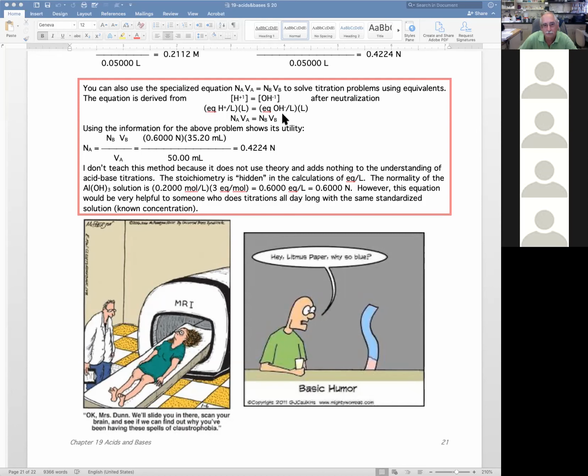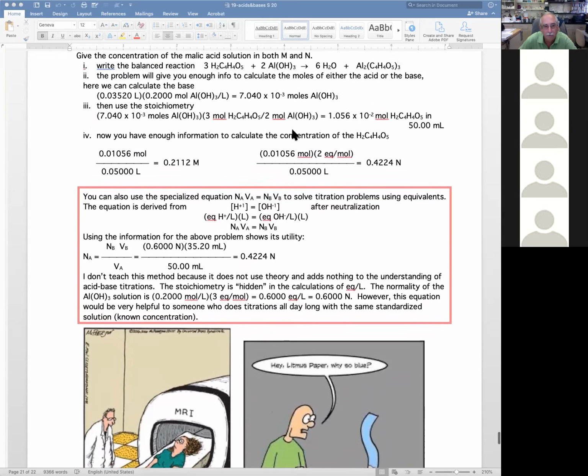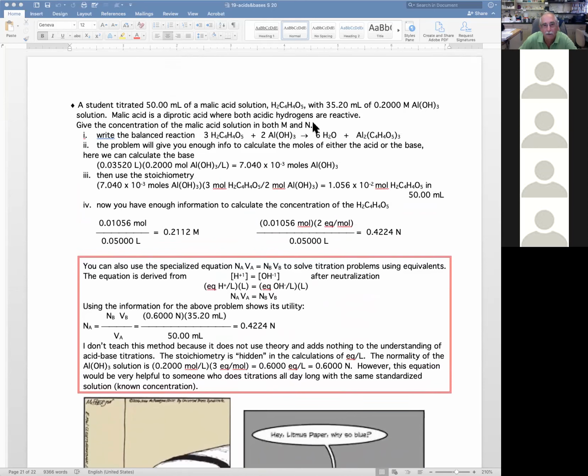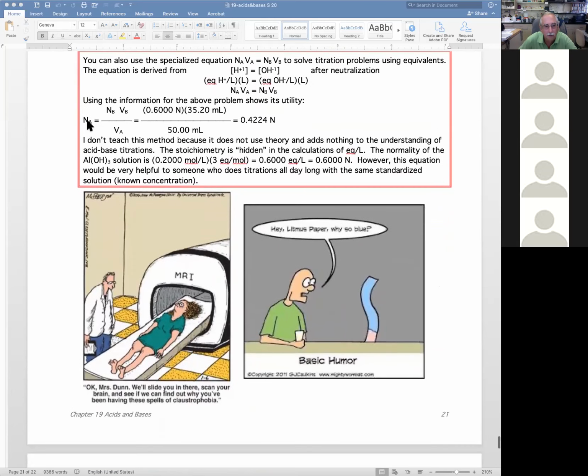So what it means is you memorize this equation, you get one equation you can solve for only one unknown. So in the problem up above, what were we solving for? The constant, or the equivalents per liter for the acid. So rearrange the equation, plug in the numbers, and there's my answer.